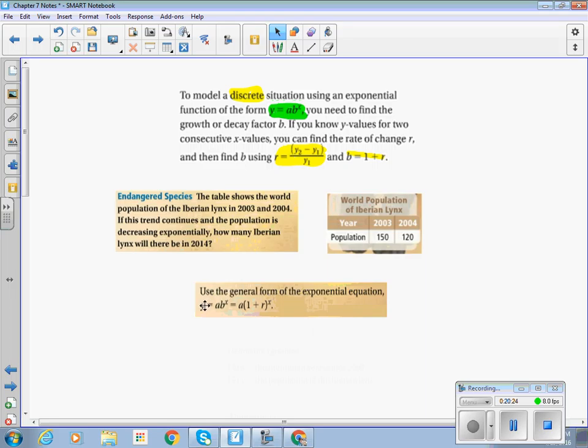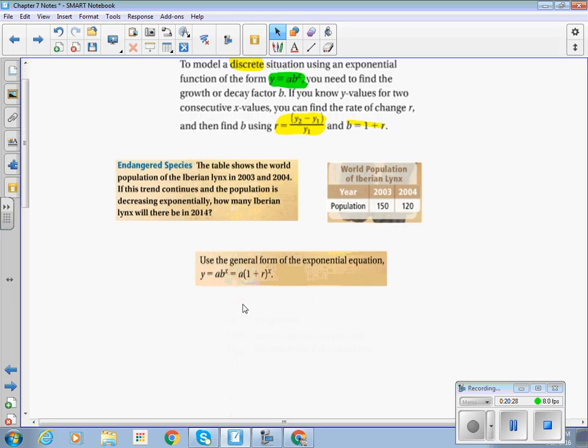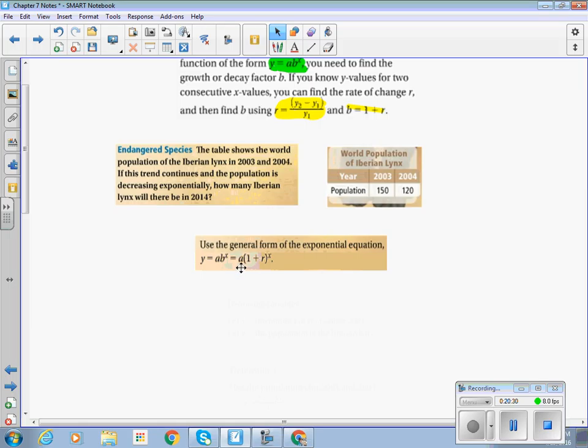So we're going to start out with y equals a b to the x, where b is 1 plus r. We need to make sure we identify what's x and what's y. Check this out. They didn't use 2003.